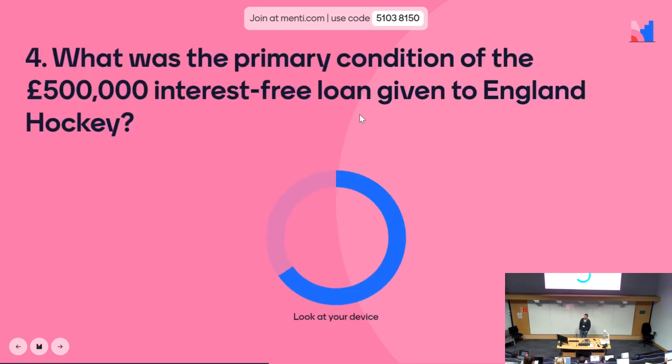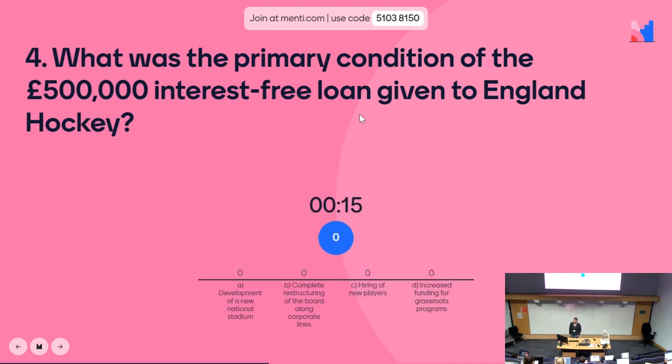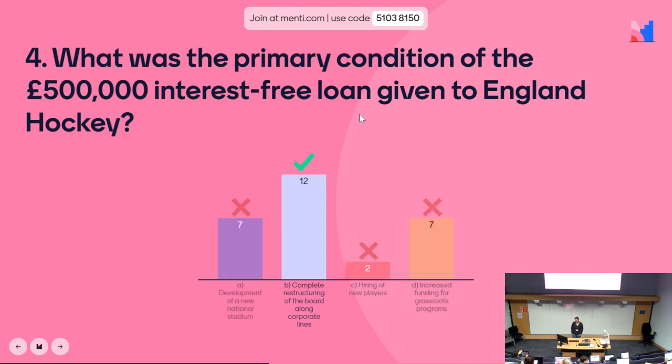What was the primary condition of the £500,000 interest-free loan given to England hockey? Okay, so yeah, a complete restructuring of the board.